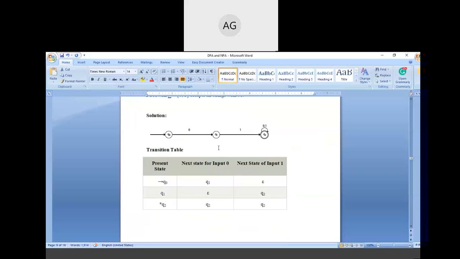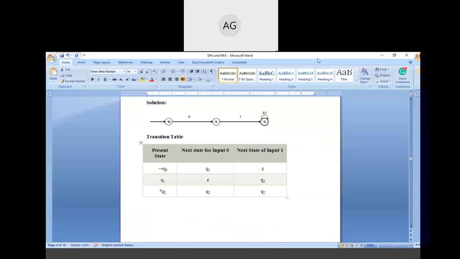As the transition diagram is given, now the reverse process: from the transition diagram we can fill the transition table. So as you can see here, Q0 is the initial state. So that's why Q0 is written here. And we need to fill the input 0 and input 1. On getting input 0, the Q0 moves to Q1.